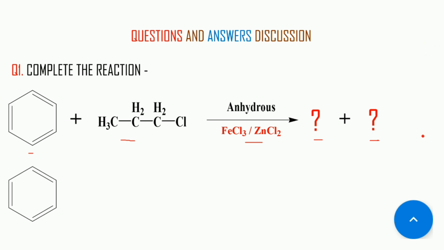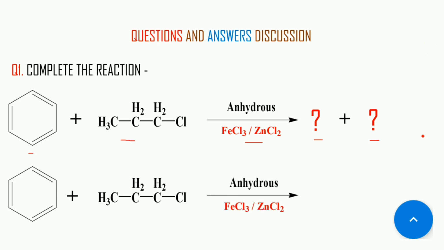Here it is our benzene, and this one is our reactant, which will go for fission in the presence of our Lewis acid. So one is an electrophile, another one is a nucleophile.